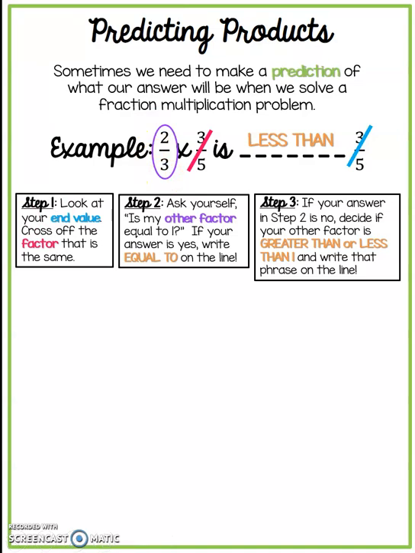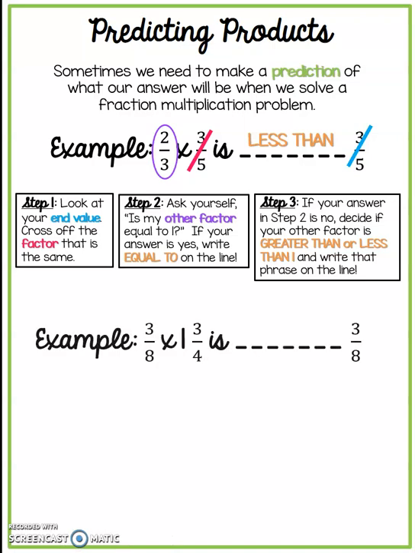Let's take a look at a couple more examples of this type. I might also see a mixed number as one of my factors. So for example, I have 3/8 times 1 3/4 is blank 3/8. Again, I'll start by looking at the end value, which is 3/8, and I'll cross off the factor that is the same. So I'll also cross off my first factor of 3/8.